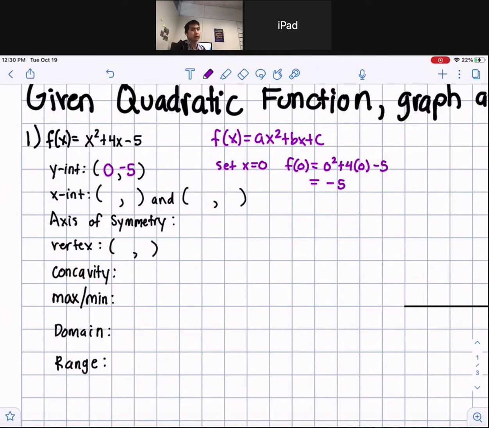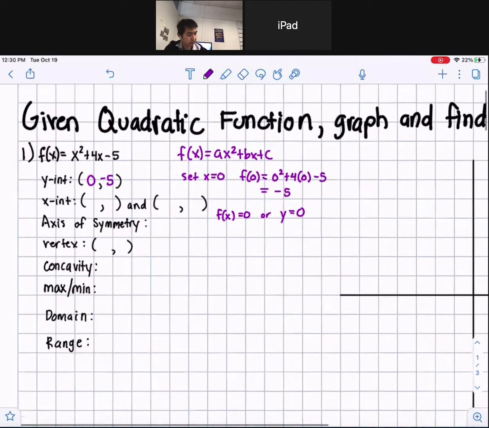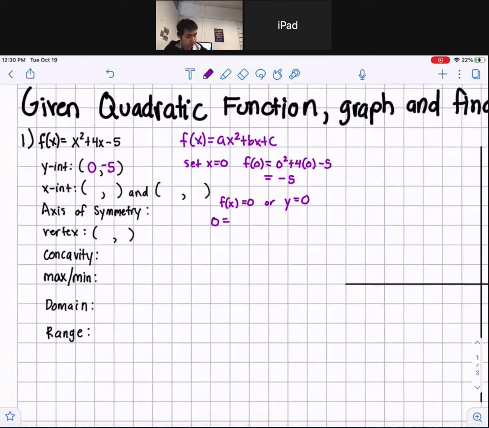Okay, to find the x-intercepts, you set f of x equal to 0, or y equals 0. F of x and y are the exact same thing. So you set the whole thing equal to 0. Remember, for x-intercepts the y's are zeros.